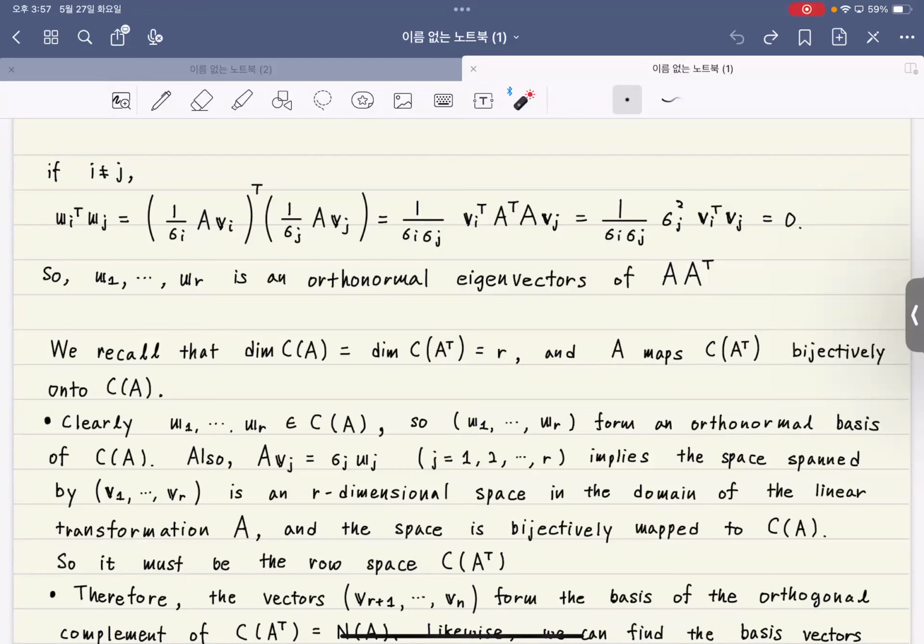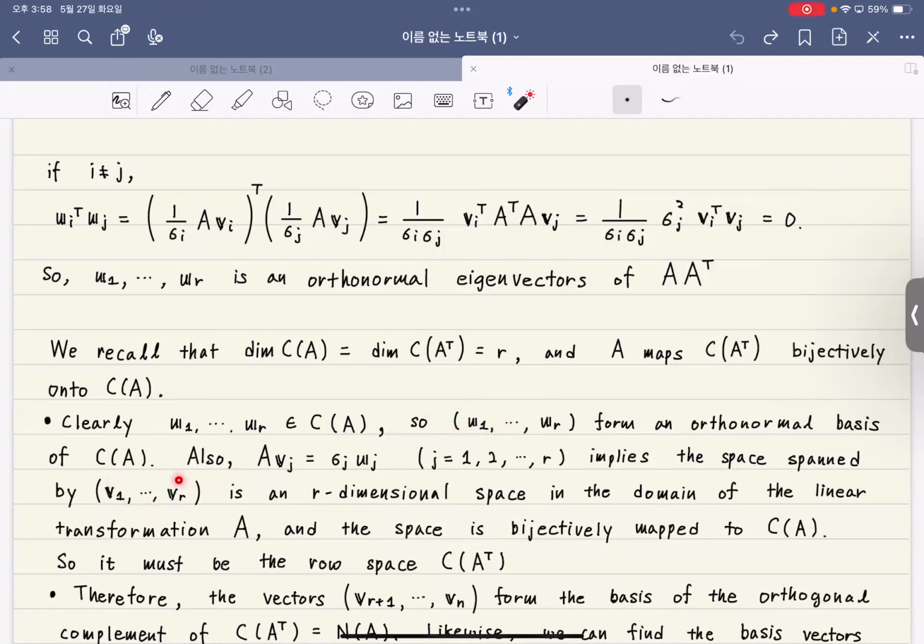This equation tells us the relation between the basis vectors V1 to VR and the basis vectors U1 to UR. Every basis vector Vj is mapped to the singular value sigma j times the basis vector Uj. That means there is clearly an isomorphism between the space spanned by these basis vectors and the space spanned by those.